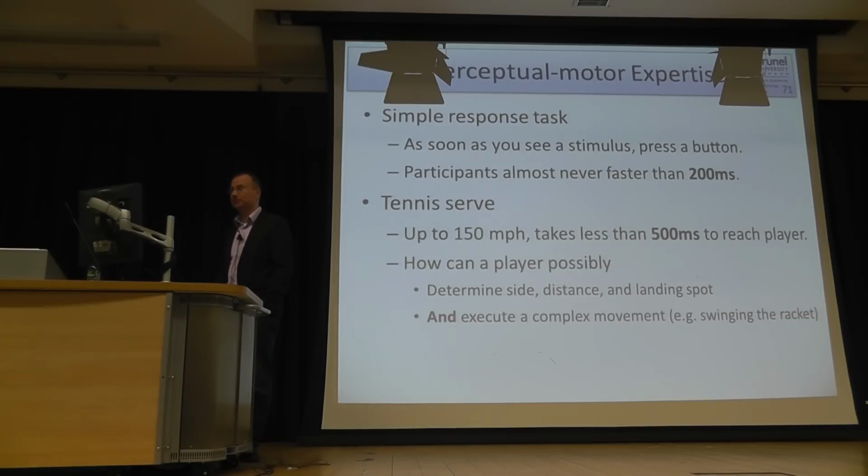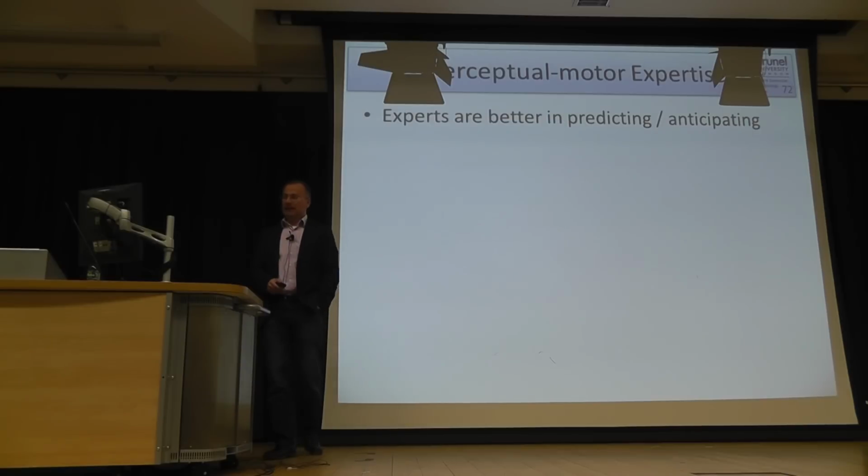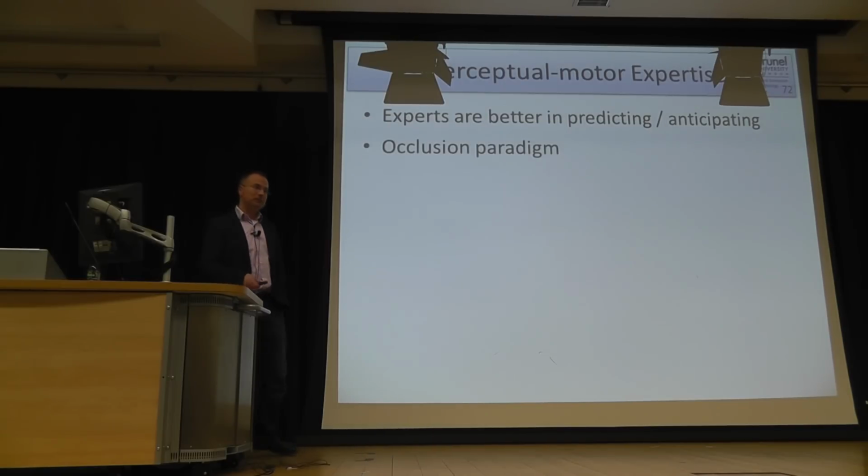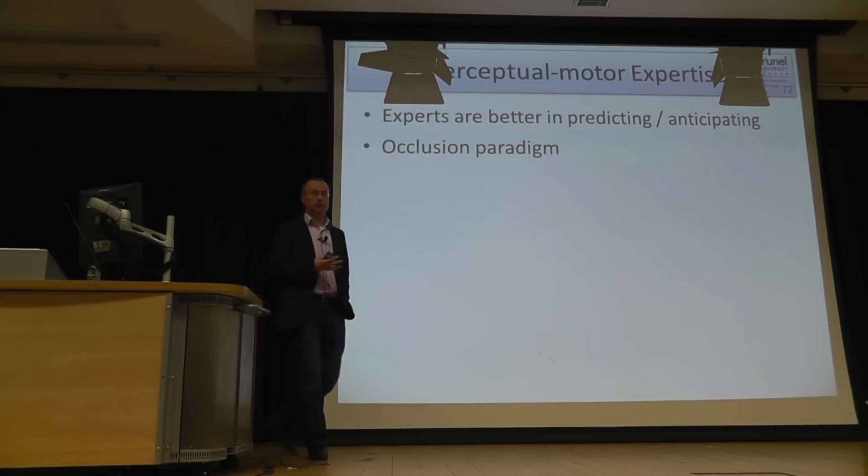How is that possible? It has been shown that experts in this type of sport are better at predicting, anticipating these things. And this has been investigated with the so-called occlusion paradigm.